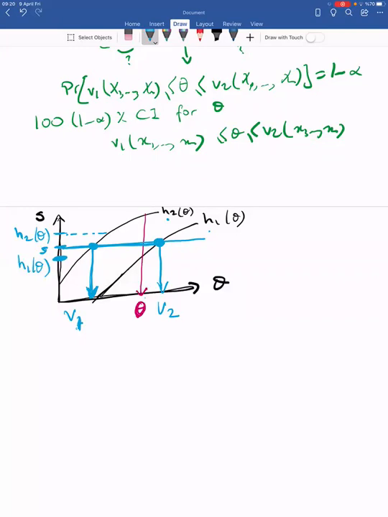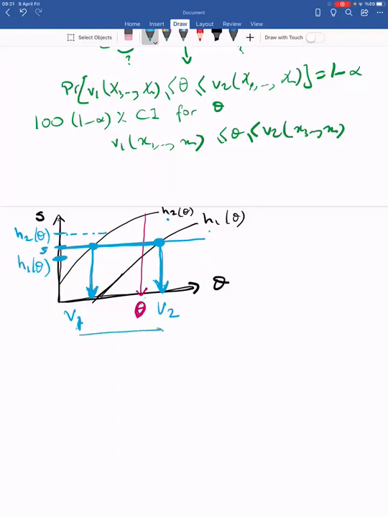Similarly, on the h1 theta function, when we have s, here on the theta axis we obtain v2, the upper bound. So from the lower bound for s, we obtain an upper bound for theta. We assume that in this case these are strictly increasing functions of theta, so we don't have the case where one is increasing and the other decreasing. Both are increasing or both are decreasing functions of theta.